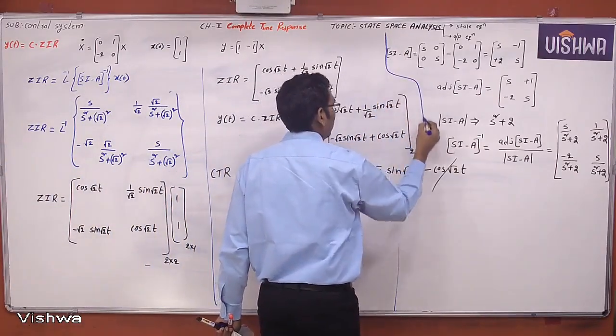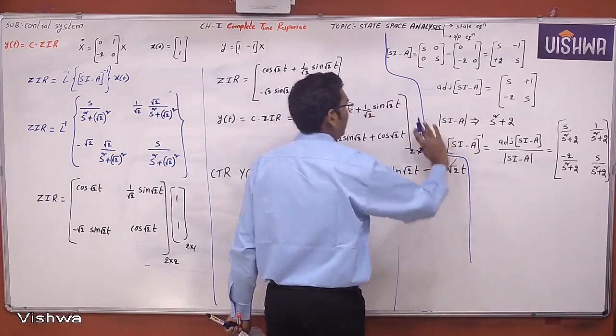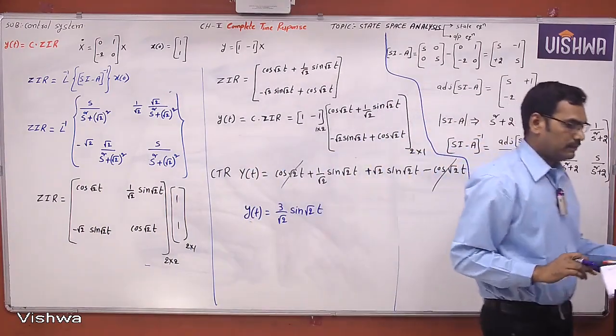This portion is for only the (sI minus A) matrix inverse portion. I can write it separately.